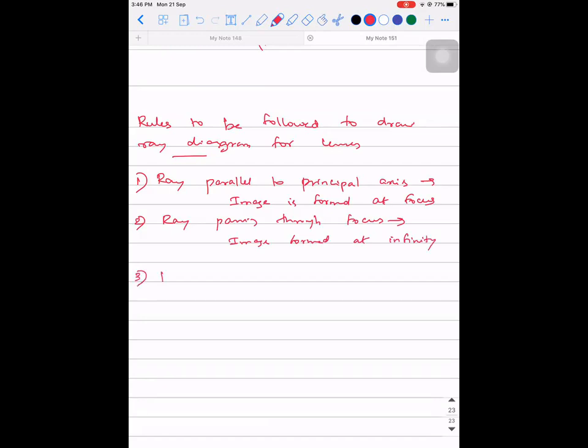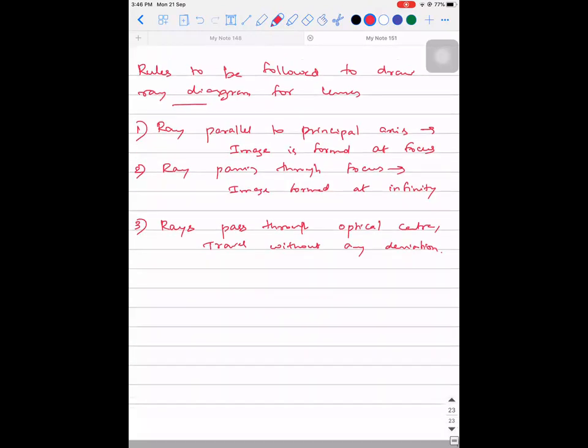So third, when the rays pass through the optical center, what will happen? They travel without any deviation. So these are all the points that are related. So again, here also we'll take the center of curvature to be at a distance 2f from the optical center. So all these things are applicable.